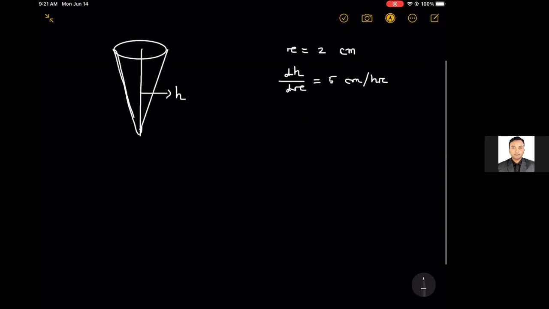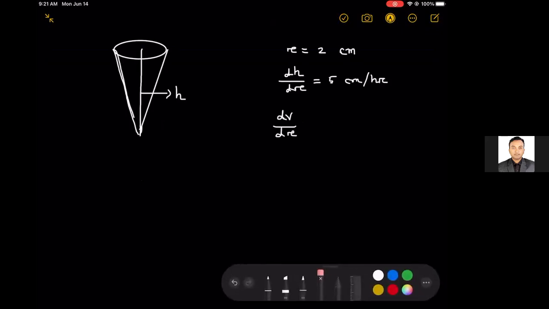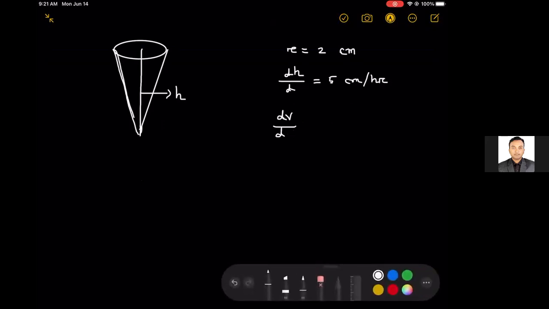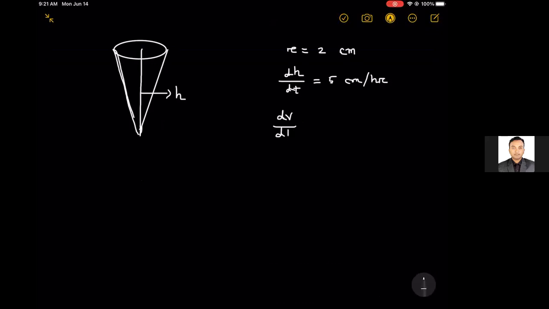The question might ask you, I'm just giving you a sample. The question could be even more complicated. The question might ask you, find the, oh, sorry, it shouldn't be R, it should be T. Find the rate of change of the volume. Okay.